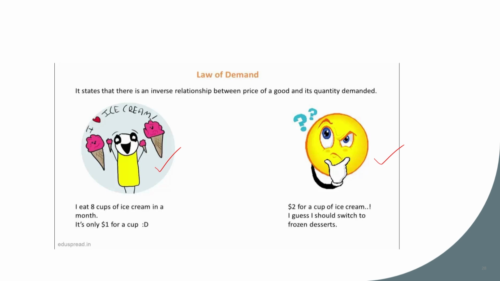So what does it mean? When the price is falling, people are demanding more. When the price is increasing, people are demanding less. That means there is an inverse relationship between the price of a good and its quantity demanded. That is called the law of demand.